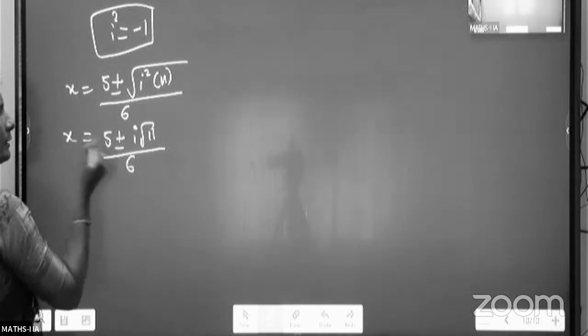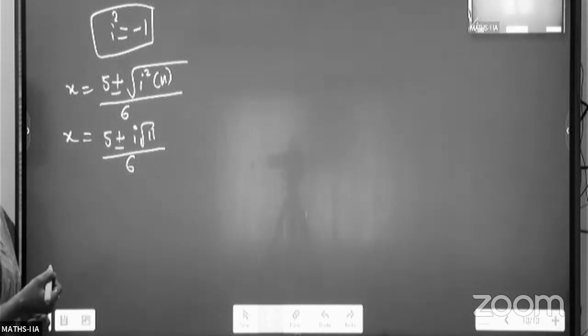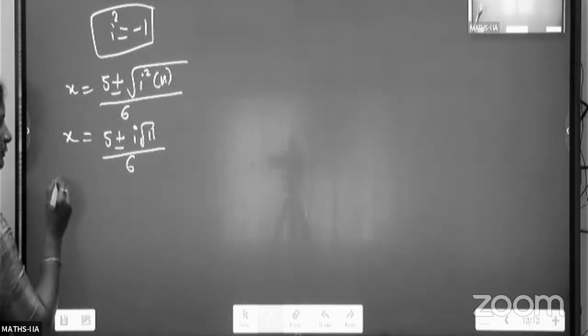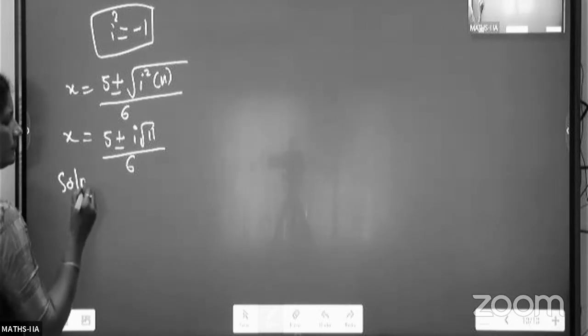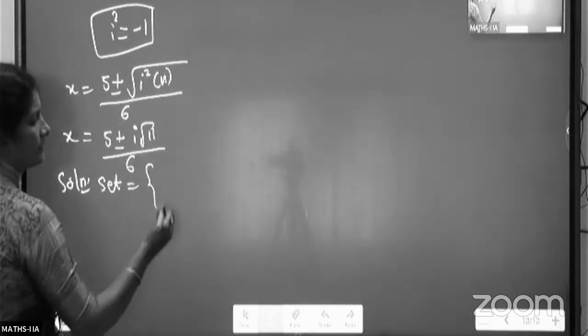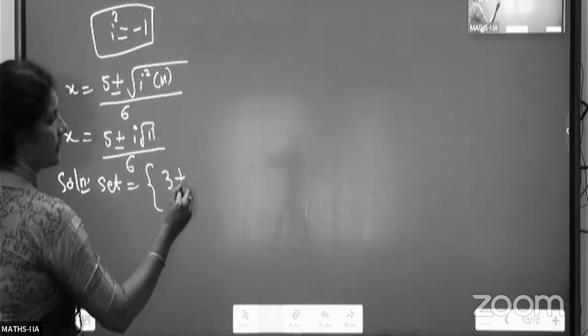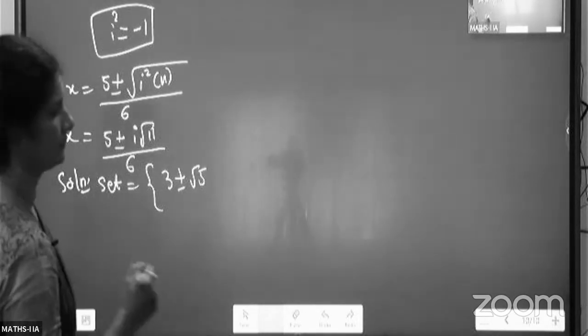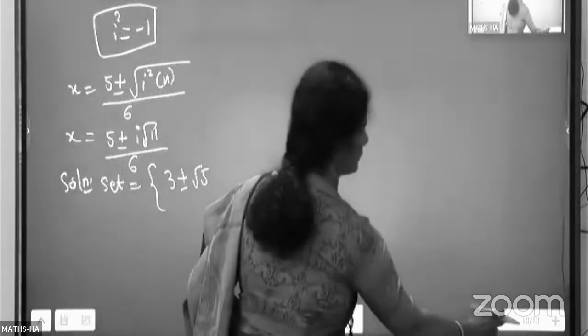Here again, if you take plus one value, if you take minus another value. Total how many values we got? We got total 4 values. Therefore, solution set. At the end, you have to write the solution set. What are the first values?